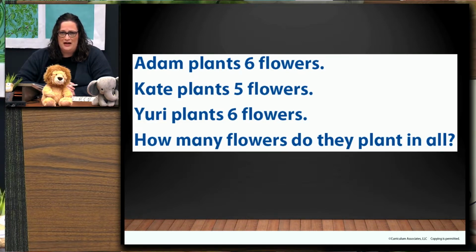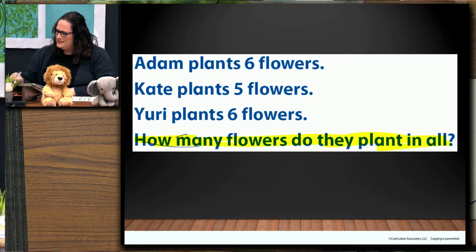We're trying to figure out how many flowers they plant in all. Okay, what do we know? Let's read and find out. Adam plants 6 flowers. Kate plants 5 flowers. Yuri plants 6 flowers.